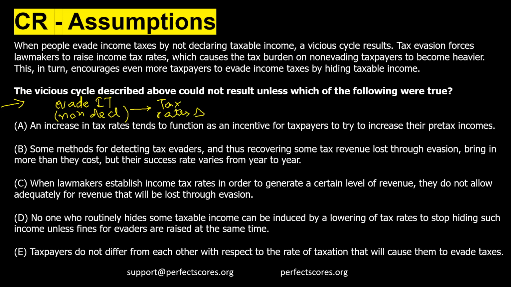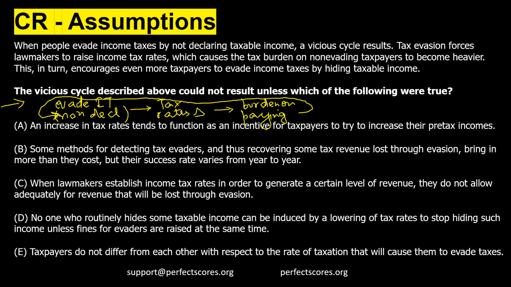So the tax rates increase, which causes the burden on the paying taxpayers to become heavier. This in turn encourages even more taxpayers to evade taxes by hiding their income. So this is the cycle. People evade taxes by not declaring their income. Because of that, the tax rates need to be increased. Because of that, the burden increases on the paying taxpayers. Because of that, more and more people evade those taxes.